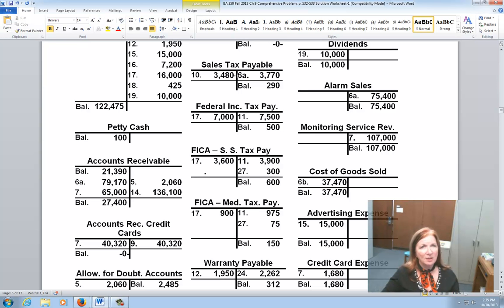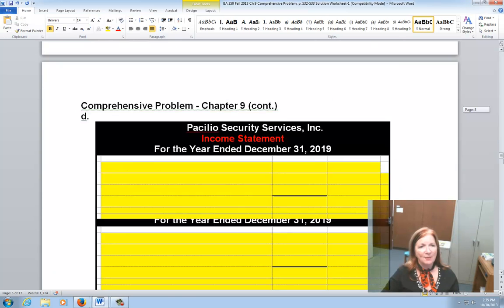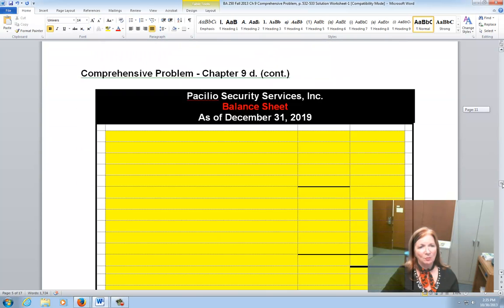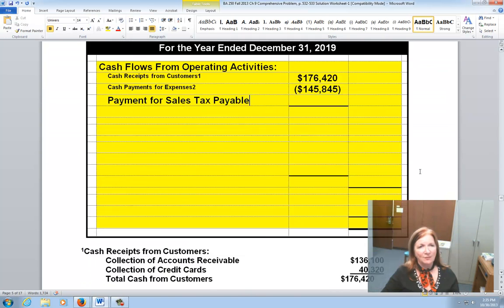I'm not working with the balances, I'm working with the cash flows. So coming back down here, in this schedule for the statement of cash flows, I'm going to put a bracket and a dollar sign, and I'm going to put $3,480, the amount I just saw up there. And so I have these payments.